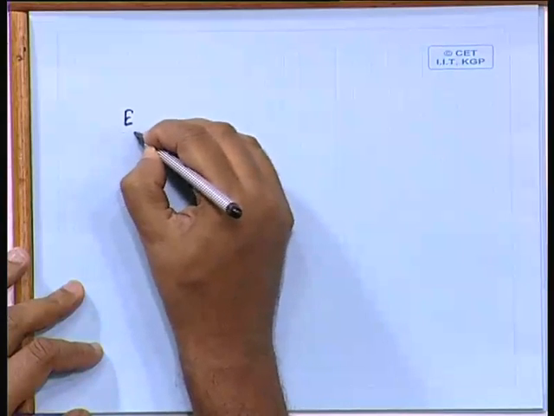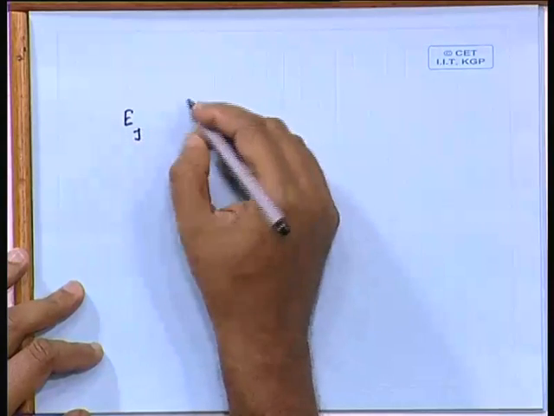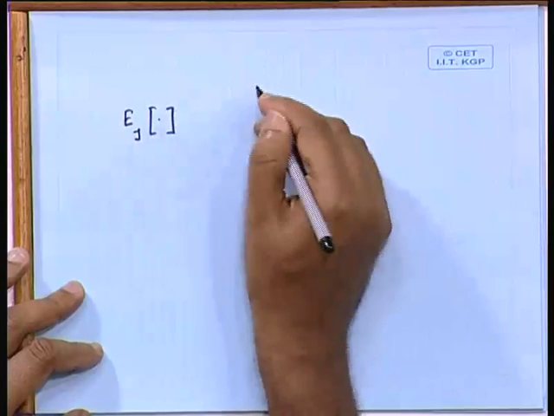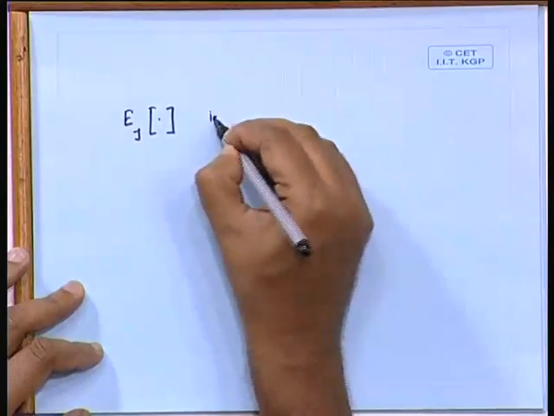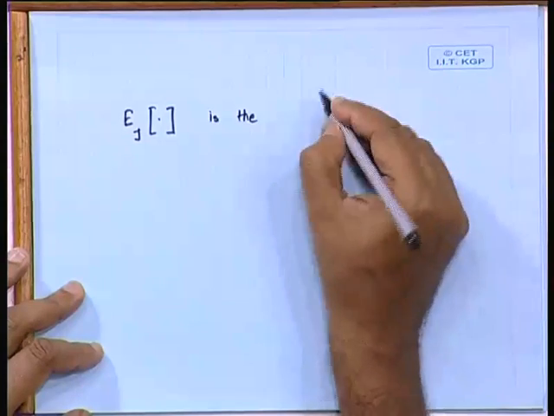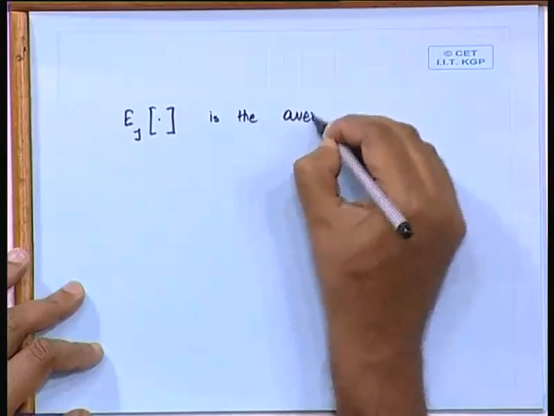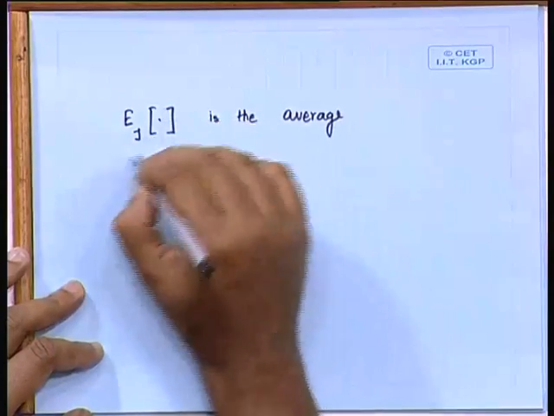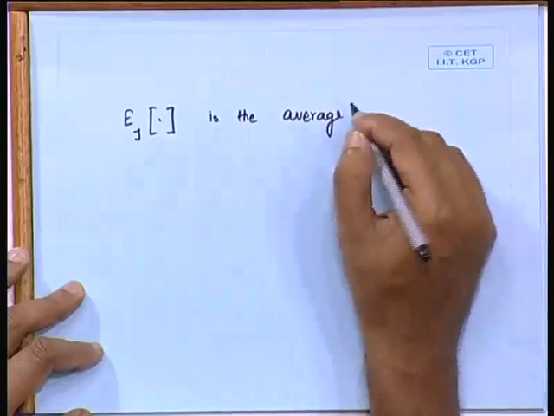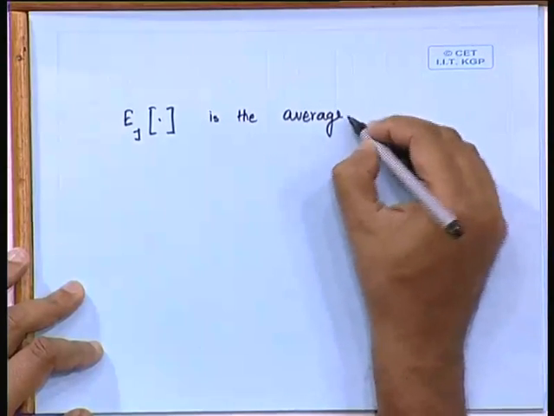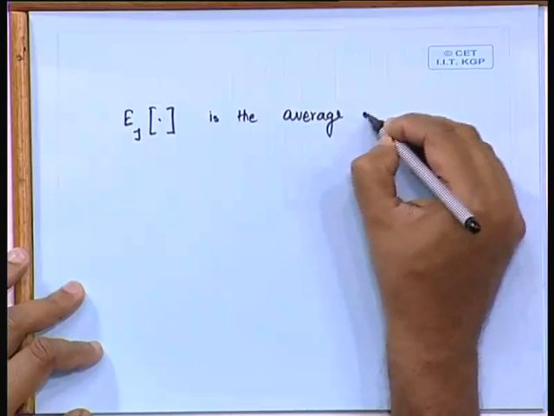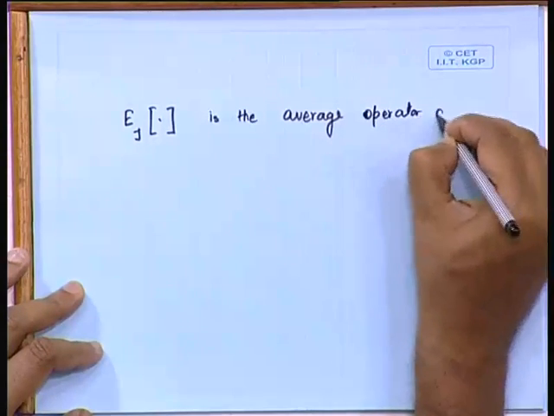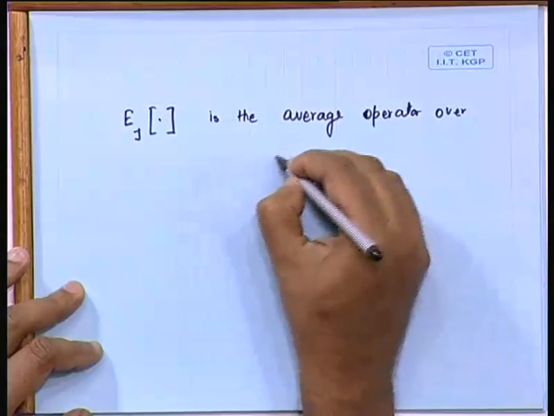Let us say that E_T, when we write it like this, we are defining as the average operator over the entire training samples. So when I write E_T with something within brackets, this is nothing but the average operator over entire training samples.